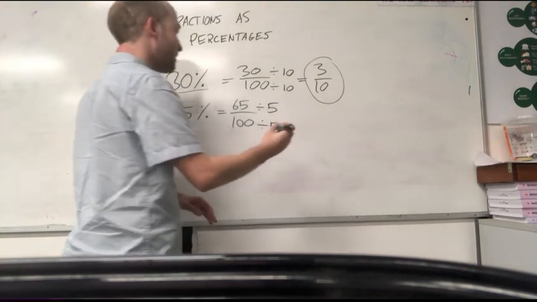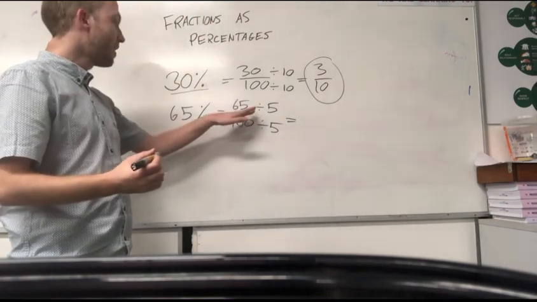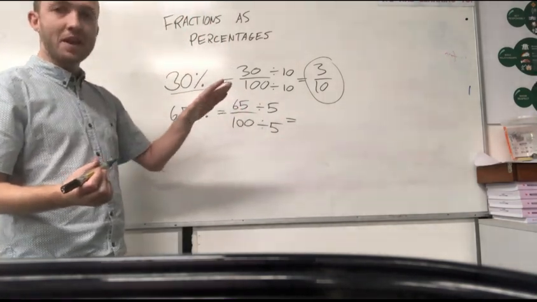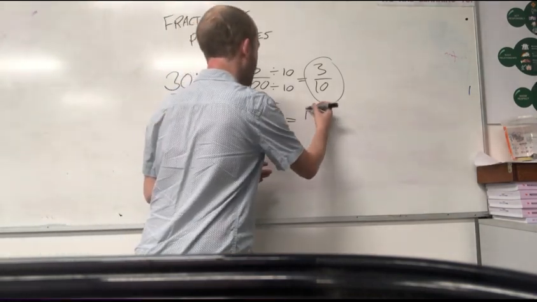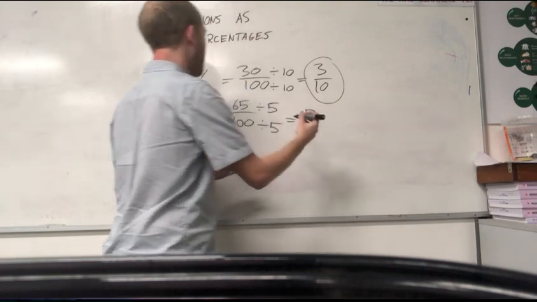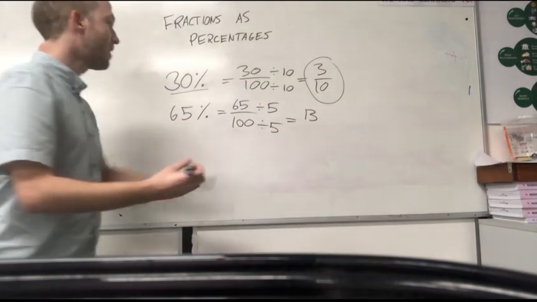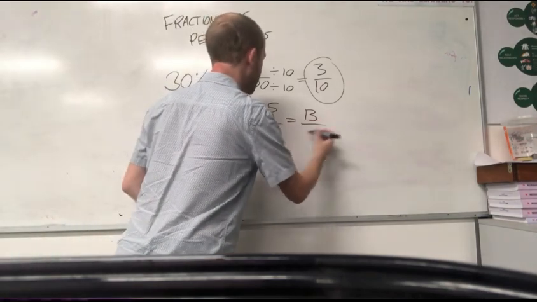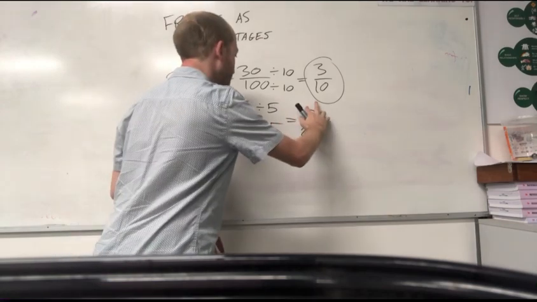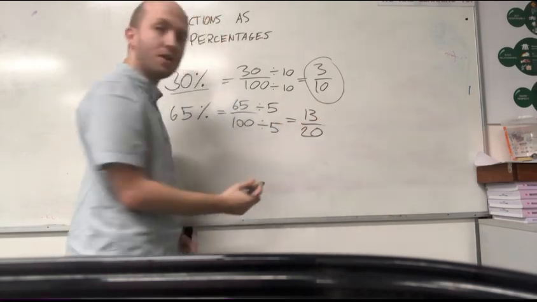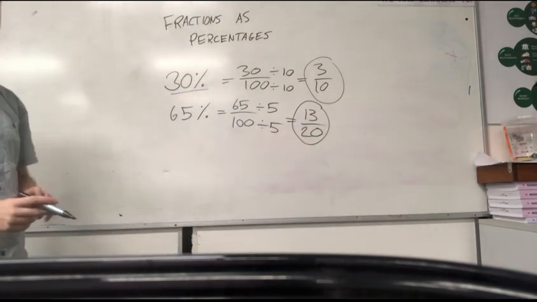Finally, our answer is going to be a fraction. 65 divided by 5, if I were to put that in on a calculator, would give me 13. You might want to double check that one for me. I'm not always the best with my math. And 100 divided by 5 equals 20. So my final fraction would be 13 over 20, and that is what 65% can be represented as.